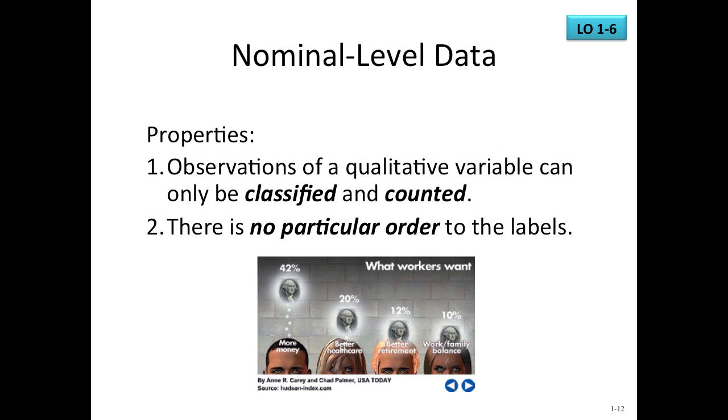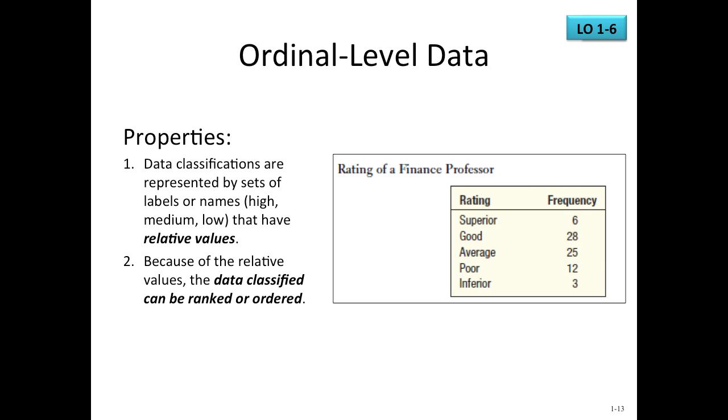There's no way to put that in an ascending or descending order, right? Ordinal level data, you can. So there is some kind of order: high, medium, low; superior, good, average, poor, inferior. There's a way to order them, first, second, third place, right? But that's it. So you've got labels and order.